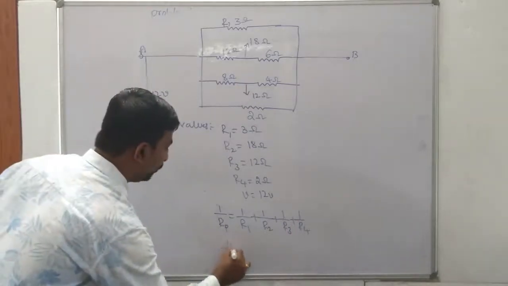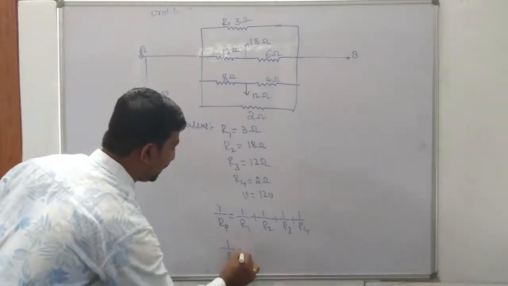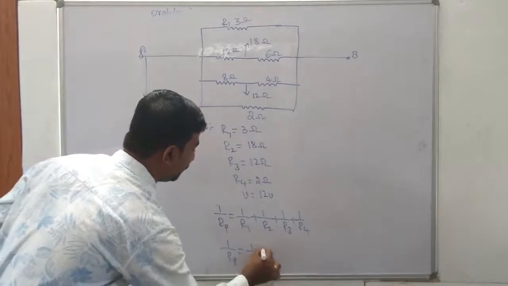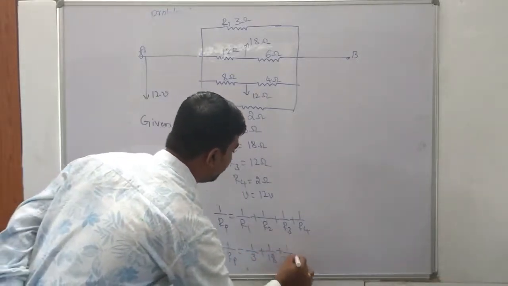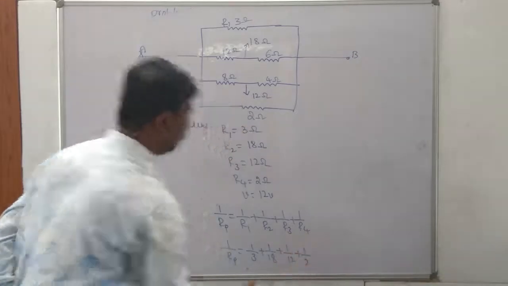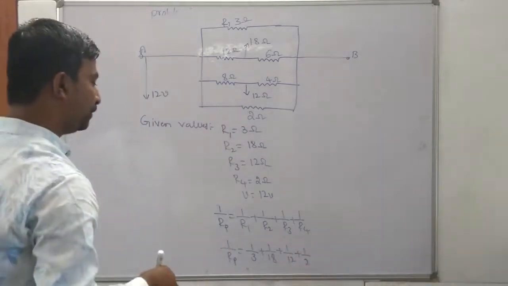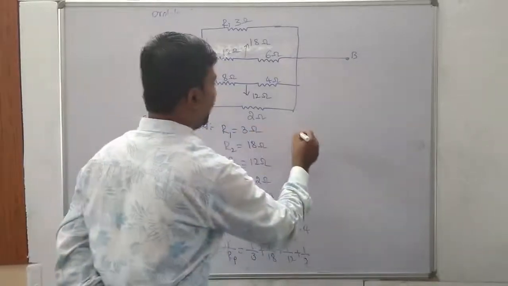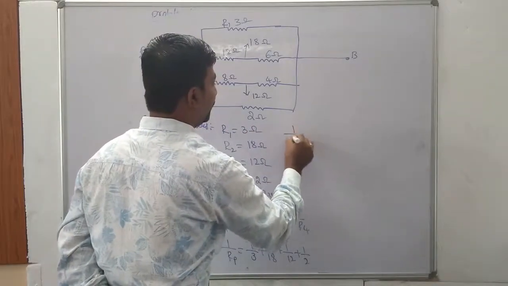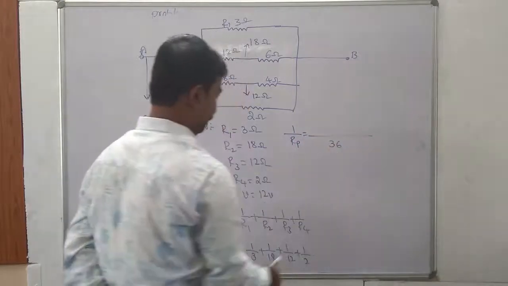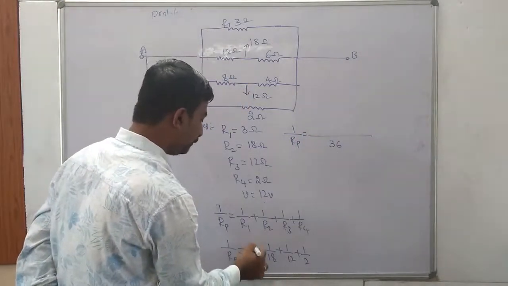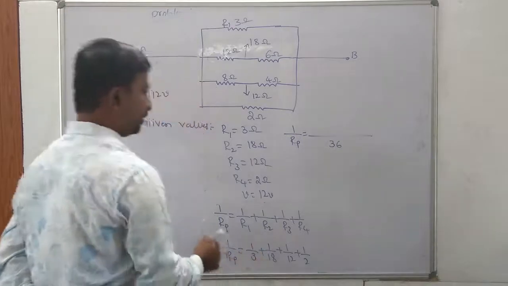Then 1 by RP is equal to 1 by 3 plus 1 by 18 plus 1 by 12 plus 1 by 2. So what is the LCM? 36.